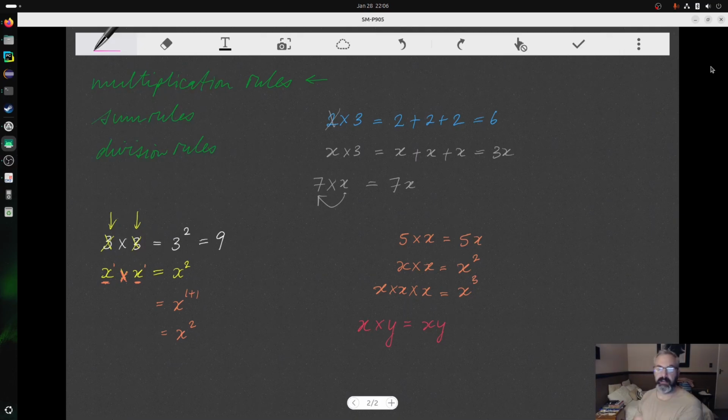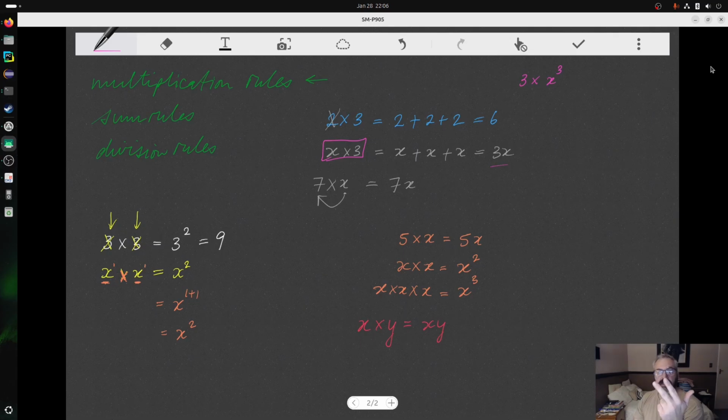Now, let's go ahead and spice it up even more. What do we get when we have 3 times x to the power of 3? What happens with that one? What do we do in this case? Do you know? Now, let's have a look at it like this. In this instance, where I had x times 3, I said I have got 1x, and then multiplied by 3, so I've got 3 x's, and it gives me 3x.